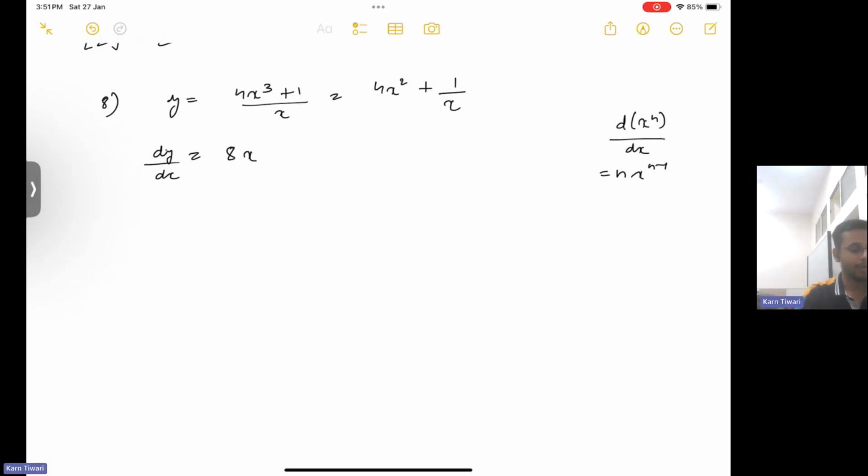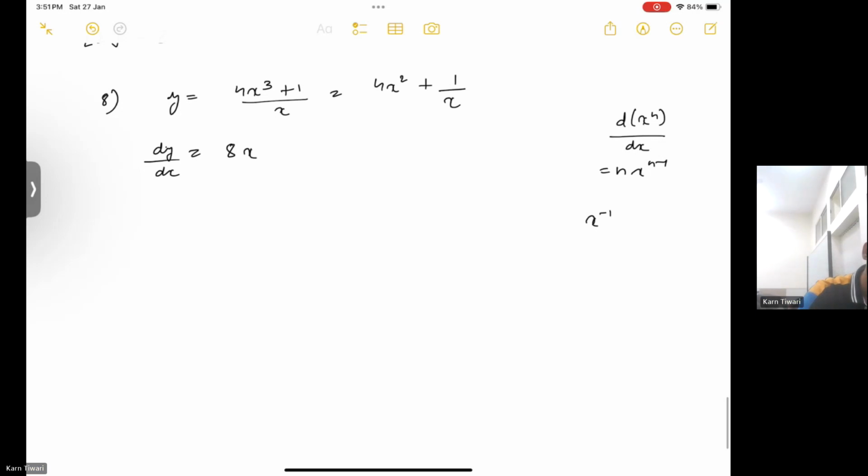Now, how to calculate x to the power minus 1? It's just as simple. Whenever you have x to the power minus 1, you just add up, basically meaning x to the power minus 1 becomes x to the power minus 2.